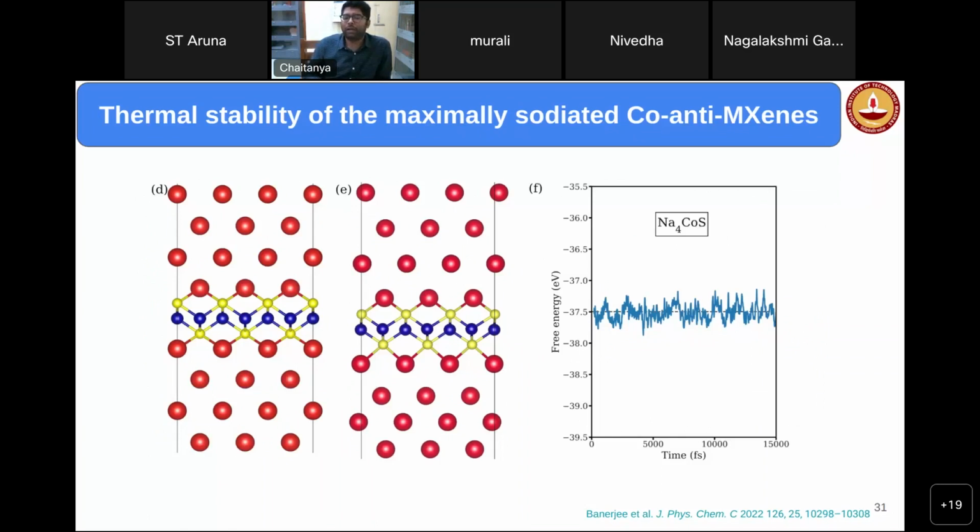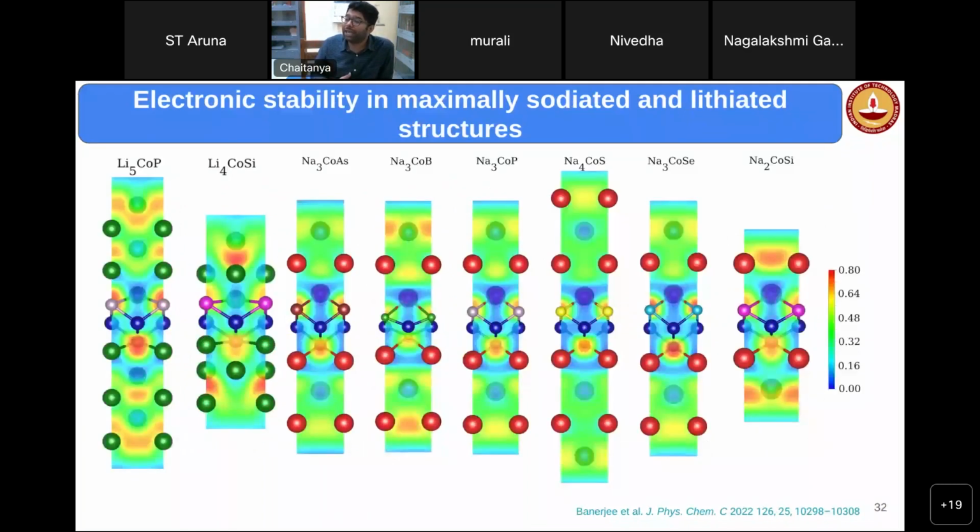Next, the question that we asked was why lithium and sodium ions are able to absorb more, whereas potassium is not absorbing more. By plotting the ELF plot, the electron localization function which I told you about earlier, what we were able to see is that there is some electron cloud. If you see the scale here, green or orange or red means there is some electron cloud in between.